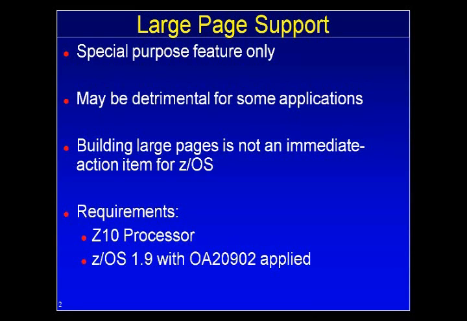So it's entirely possible that you could still end up with a lot of the storage being requested in 4K segments, or 4K pages, I should say. The requirements are that we have a Z10 processor and minimally that we're running z/OS 1.9 with APAR OA20902 applied. This would enable the large page support in this environment.